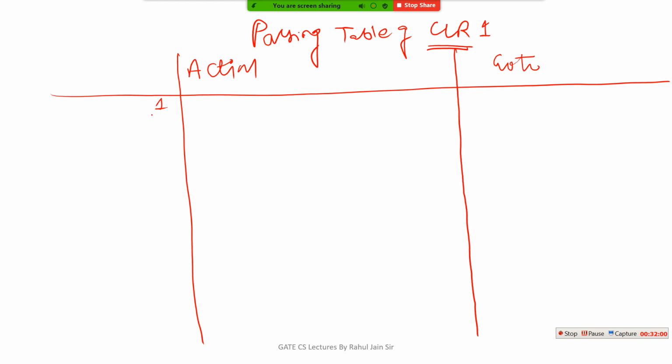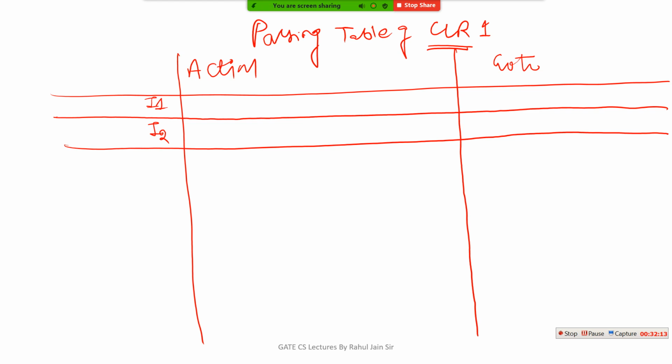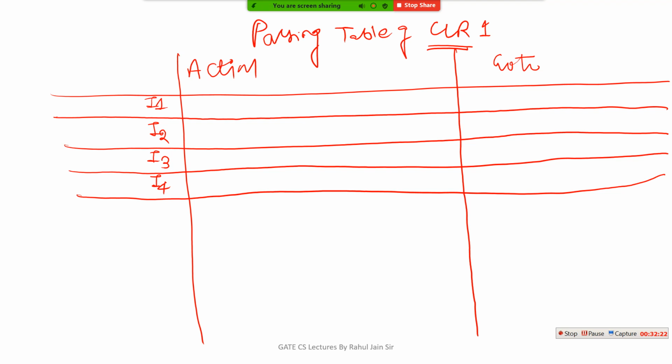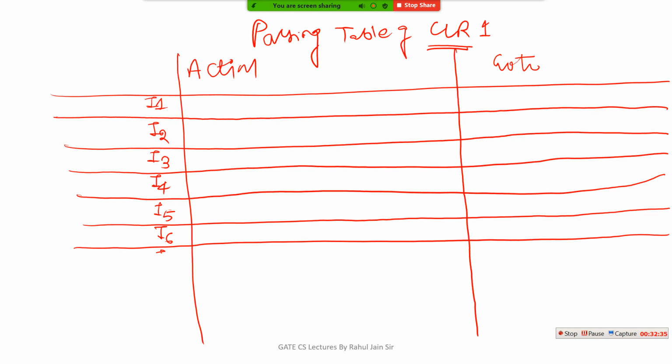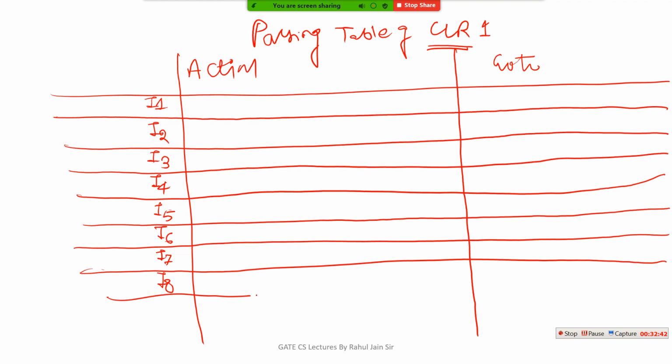So I am making I0, I1, I2, I3, I4, I5, I6, I7, I8 and I9. Total 10 states.